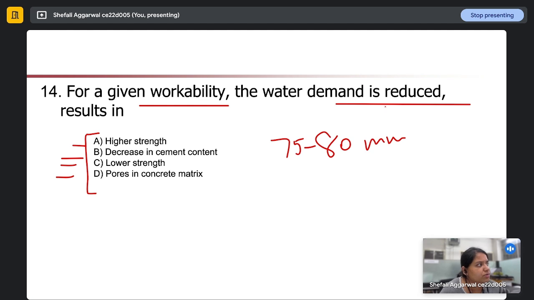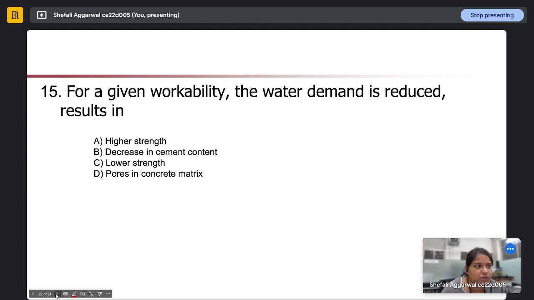We are reducing the water demand. So what will happen? The strength of our concrete will increase because if we are reducing water demand, less water will be there. However, the cement content will be equal, and the hydration products formed will be more of CSH, resulting in highest strength of the concrete.